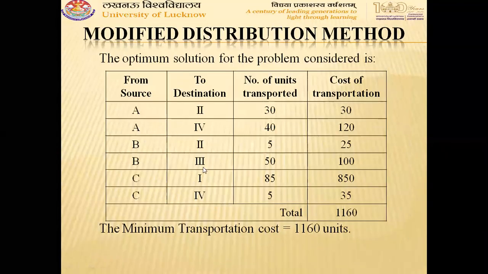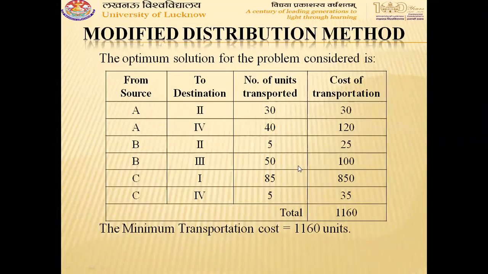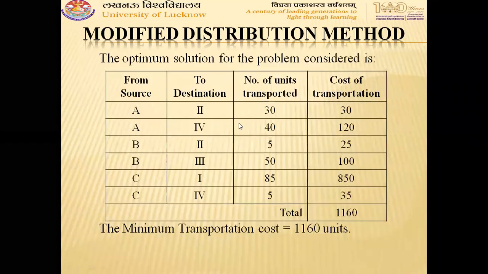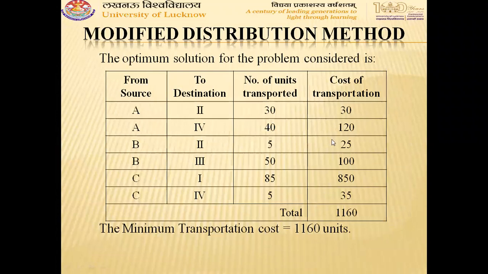Now the optimum solution can be represented as we have represented the initial basic feasible solution. That is, from source A to destination 2, 30 units are transported. Cost of transportation will be the number of units transported times the cost of transportation, that is 30 into 1, which is 30. Similarly, from A to 4, 40 units are transported.